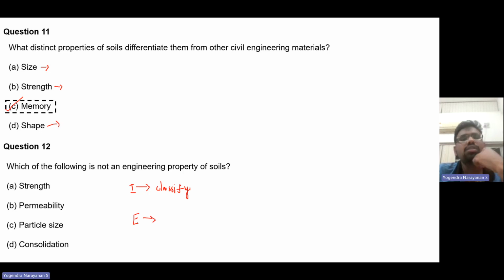Engineering properties are essentially used for understanding the behavior of soil to external loads. And it's important to note that these index properties influence to an extent the engineering properties of the soils.